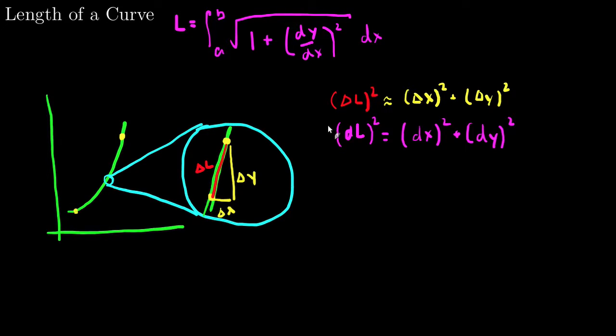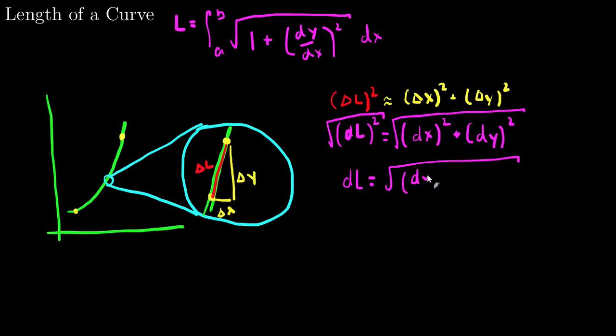And now I can do a little bit of calculus, because I want to figure out what L is. Let me get dl by itself, so I take the square root first. I get dl is equal to the square root of dx squared plus dy squared.